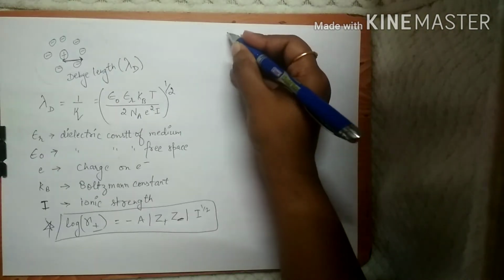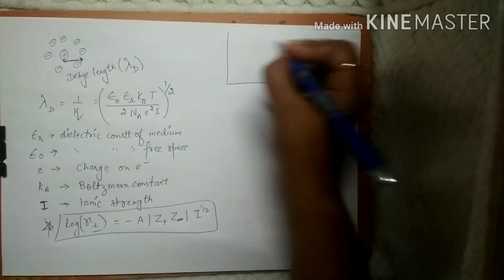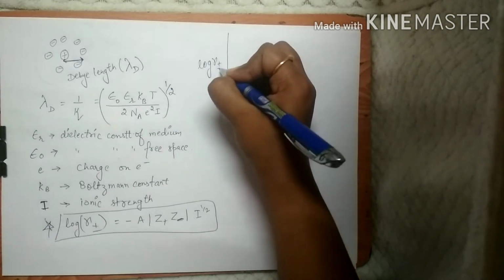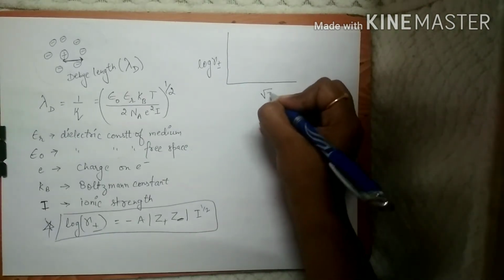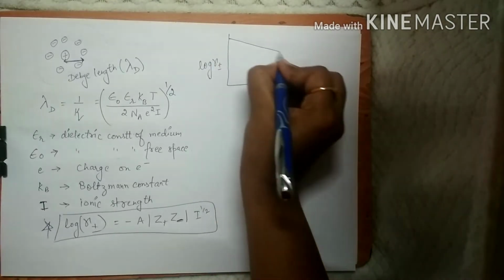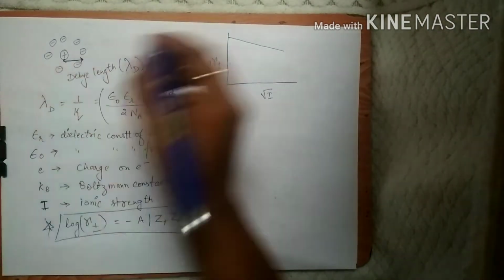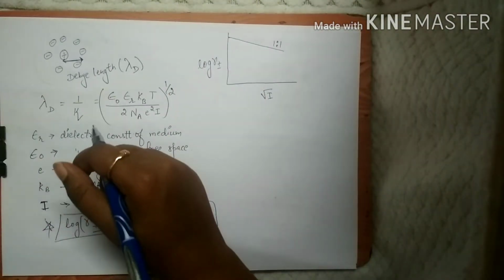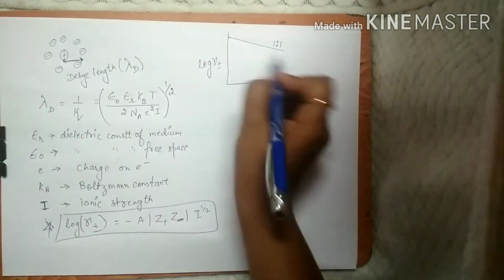So if I plot a graph between the mean ionic activity coefficient, that is log of gamma plus-minus, and root of ionic strength, then I'll get a graph like this. If we have a 1:1 electrolyte, for example NaCl, the graph will be like this.